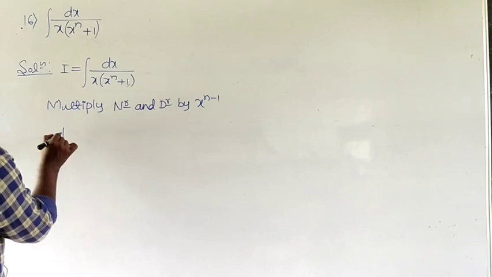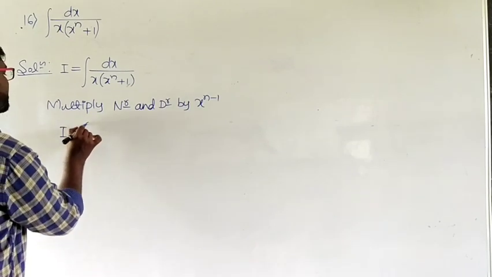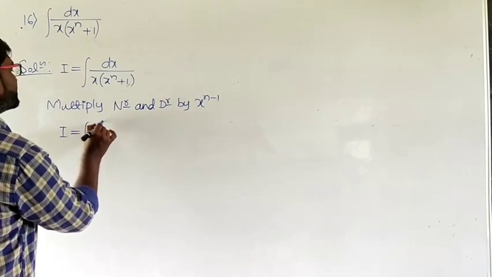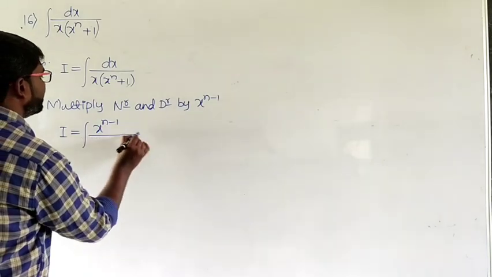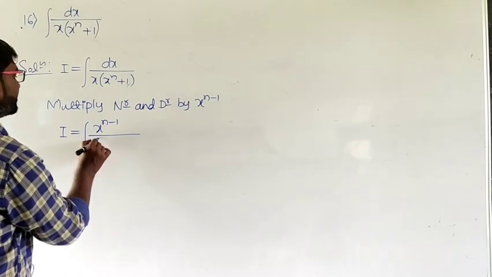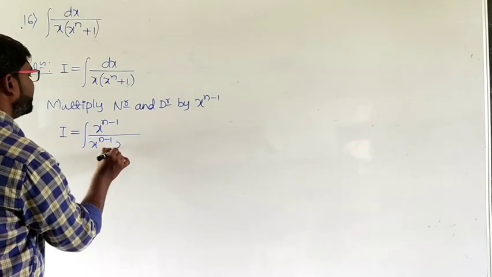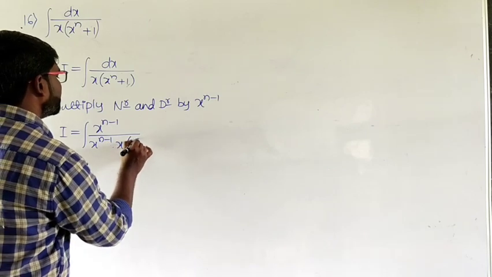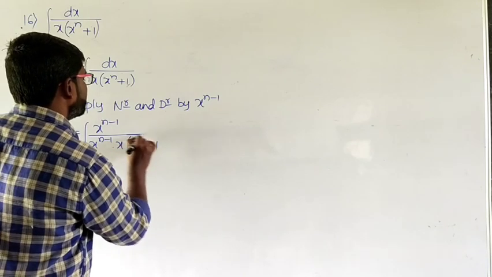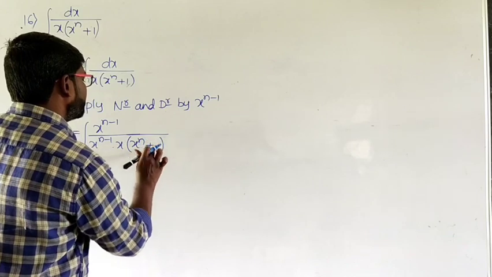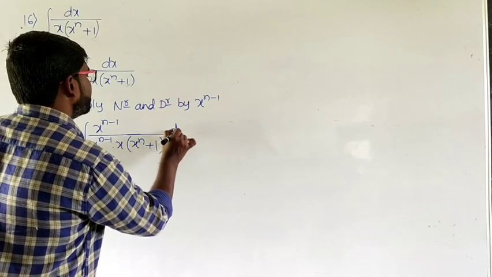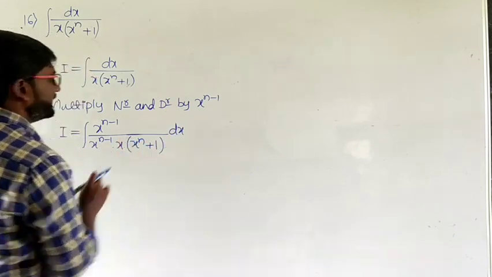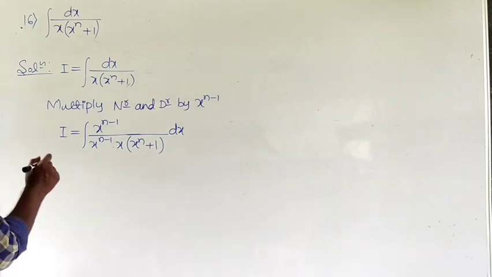So I which is equals to integration x to the power n minus 1 divided by x to the power n minus 1 into x into the bracket x to the power n plus 1, close the bracket, then write dx. So now let us simplify this.